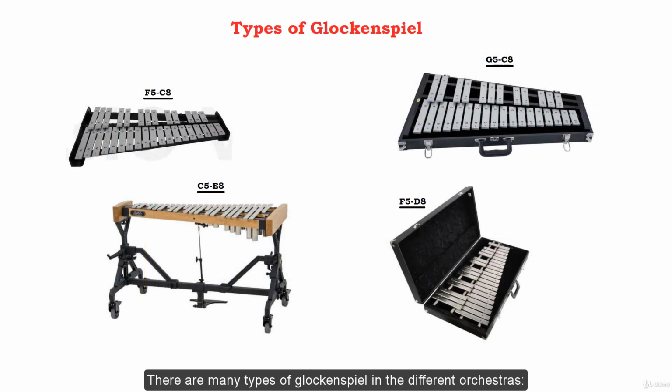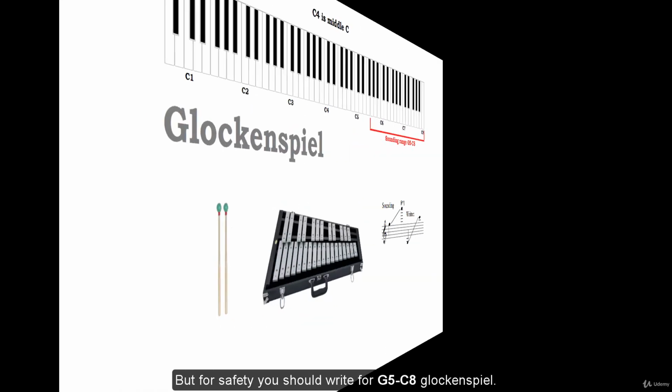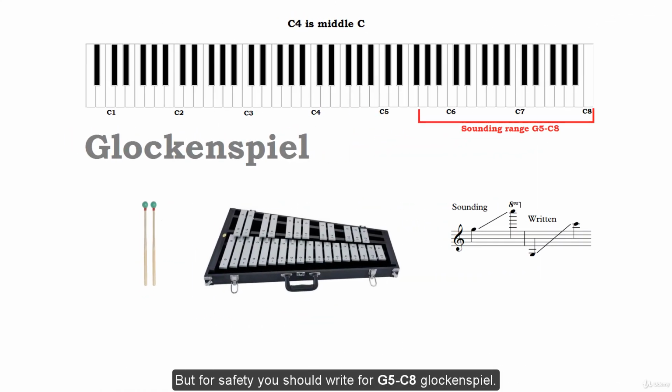There are many types of glockenspiel in different orchestras: F5 to C8, G5 to C8, C5 to A8, F5 to D8. But for safety you should write for G5 to C8.